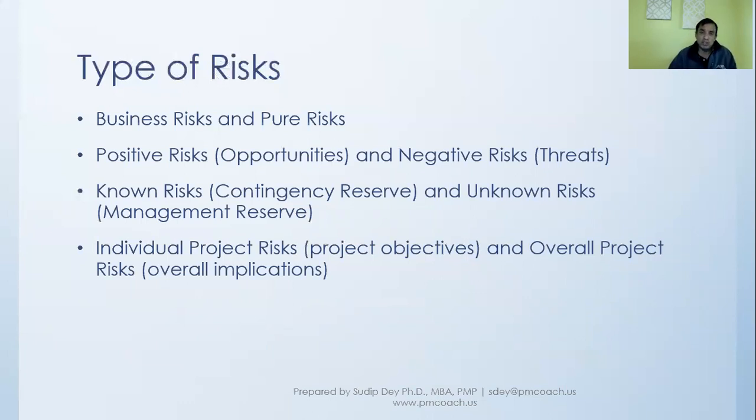Whereas overall project risk, because of different project risks and some other external sources, will impact the project as a whole. So there are two categories of risk. Individual project risk is about what will affect the project objectives, and overall project risk will impact the project as a whole.